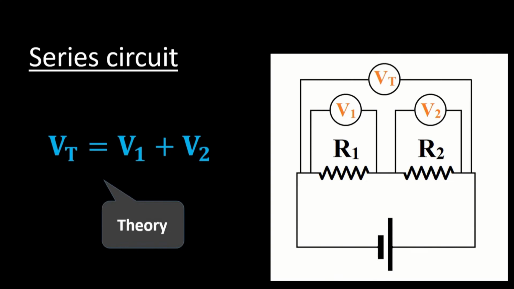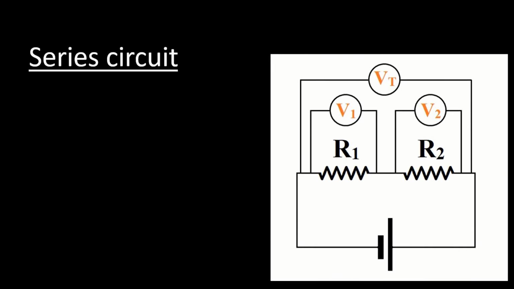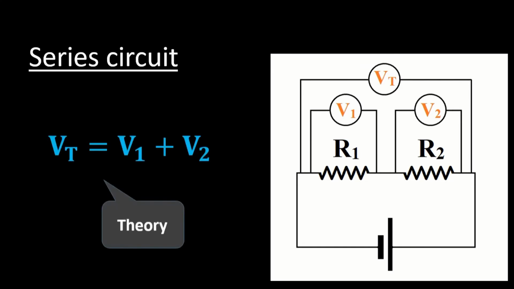Then you will compare the total voltage obtained from the built-in voltage current sensor to V1 plus V2. The equation that we see here can be used to find the theoretical value of the total voltage. The total voltage obtained from the voltage sensor, V total in the graph, is the experimental value. So you will compare the two values.